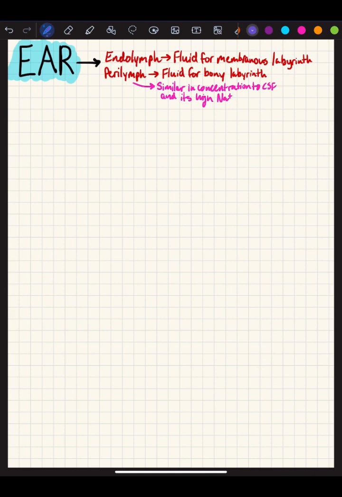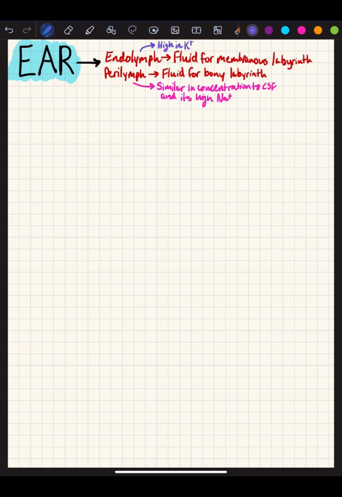And then for the endolymph, that's a really bad arrow. Sorry, I'm OCD. The endolymph fluid is consequently high in potassium ions.